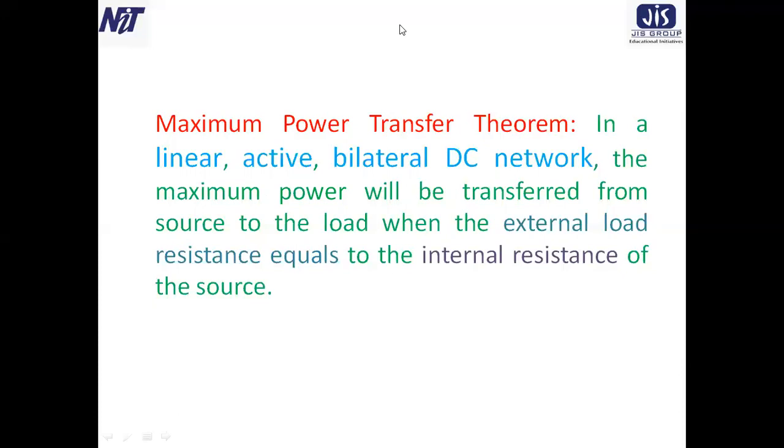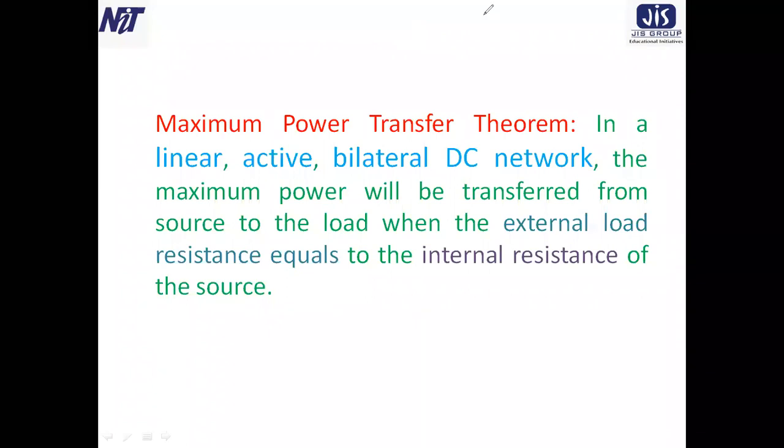So for that, you have to consider some topics first. You have to realize some meaning here. In a linear circuit, that means the circuit should be a linear circuit.